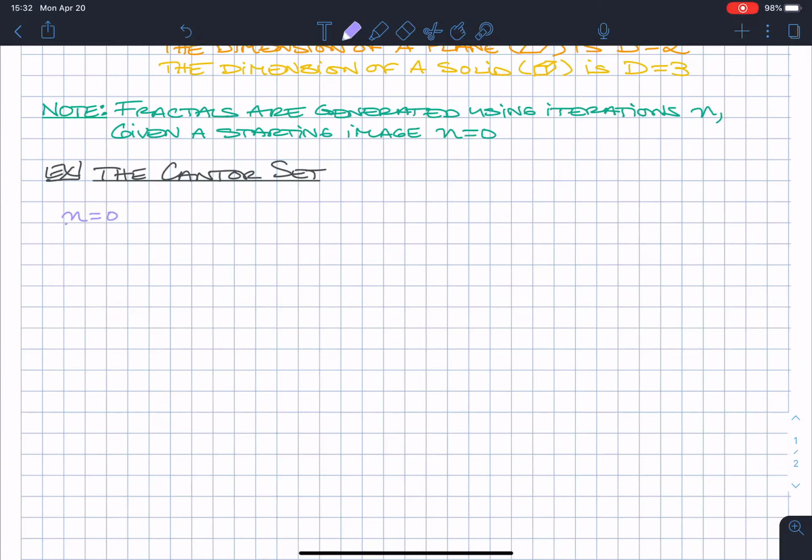So n equals 0 is the given iteration. We're given just a line. I want my line to be this long. So I'm given a line segment.